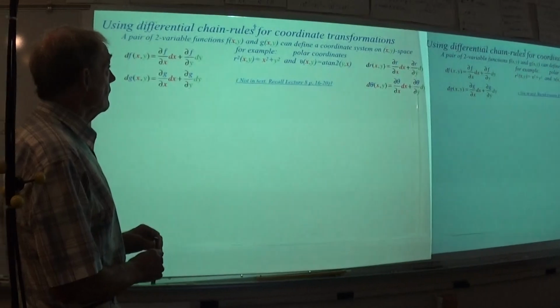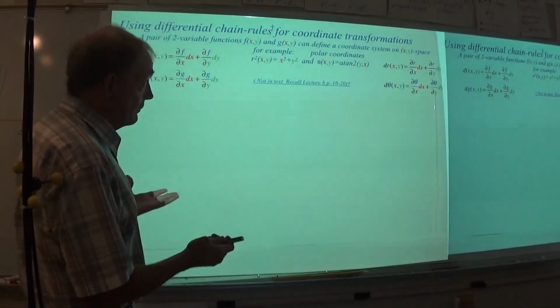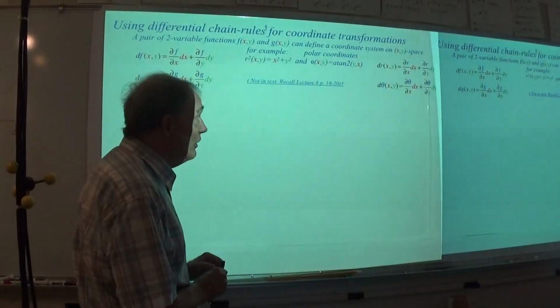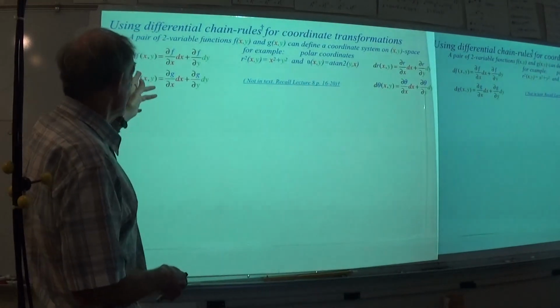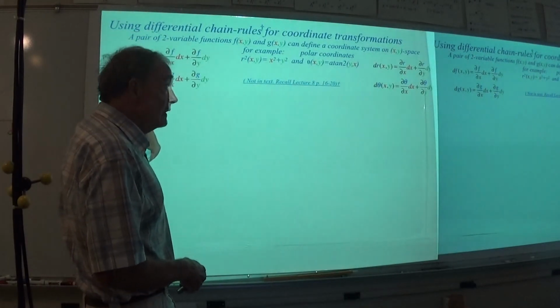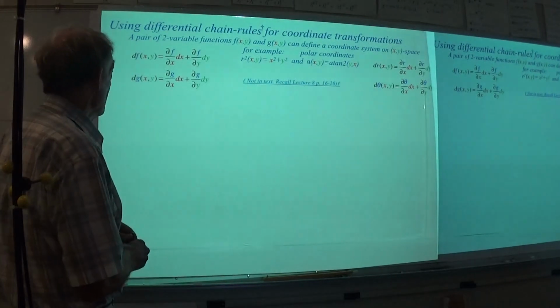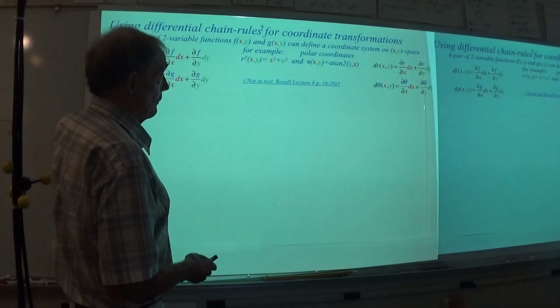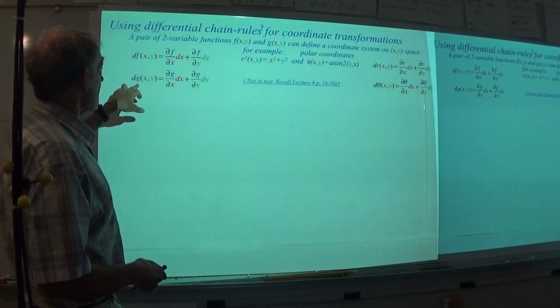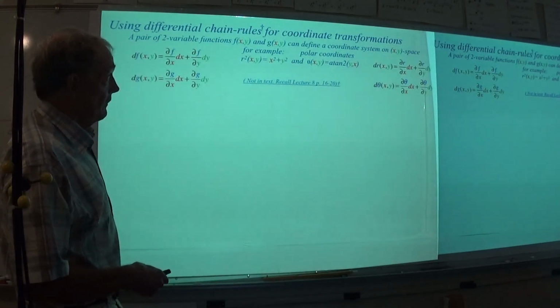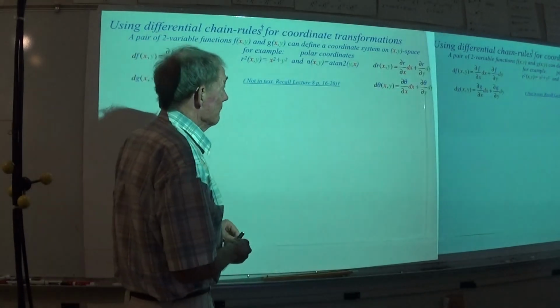If you have a 2-variable function, that's 2 Cartesian variable functions, then a differential of that function is written the way we've got. Whatever functions you're using, you have an f and a g, this can define a coordinate system.